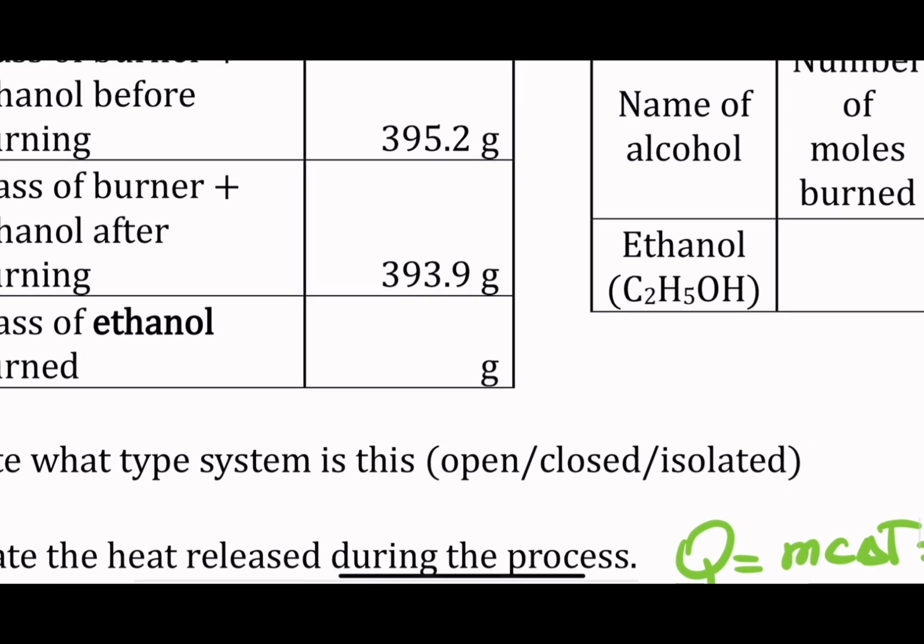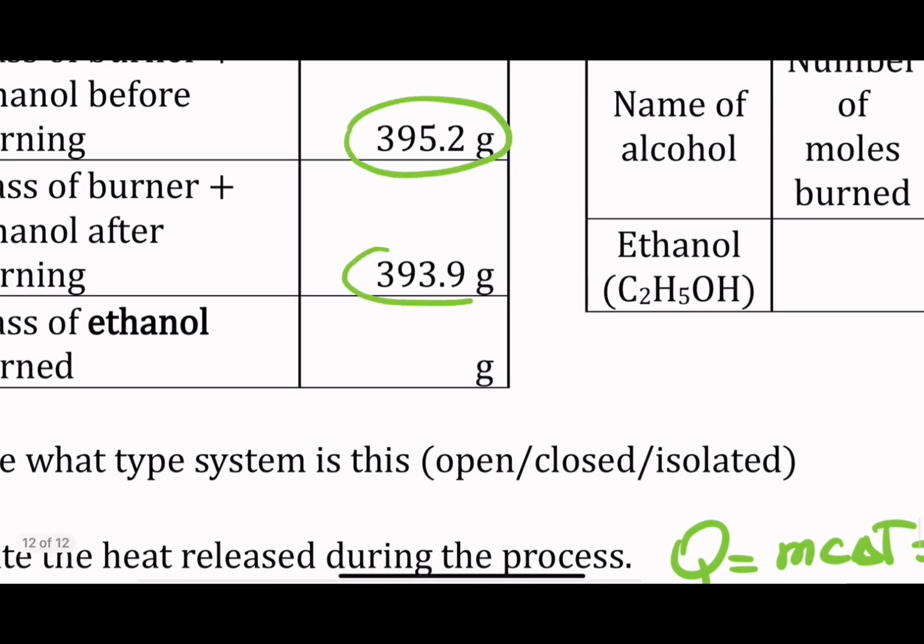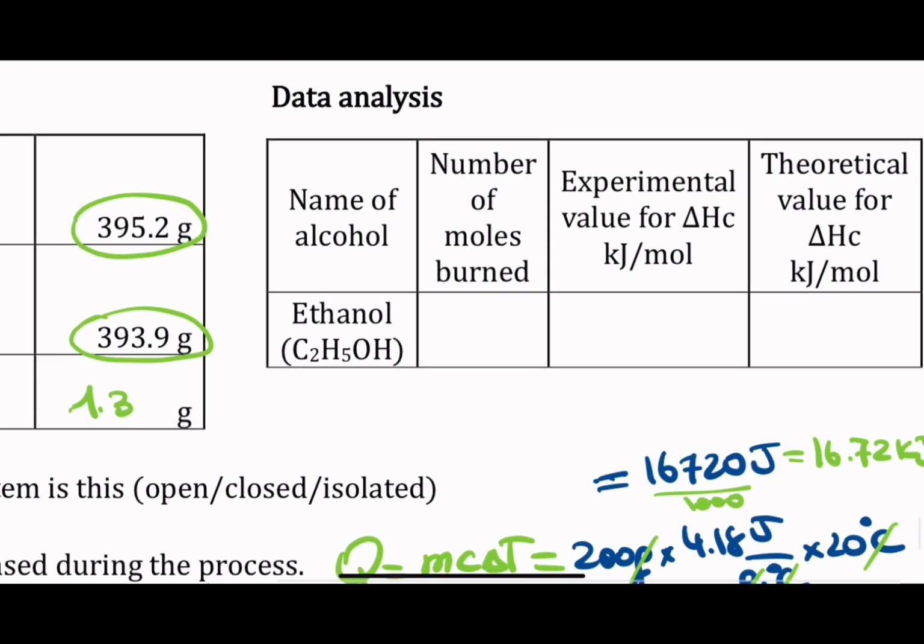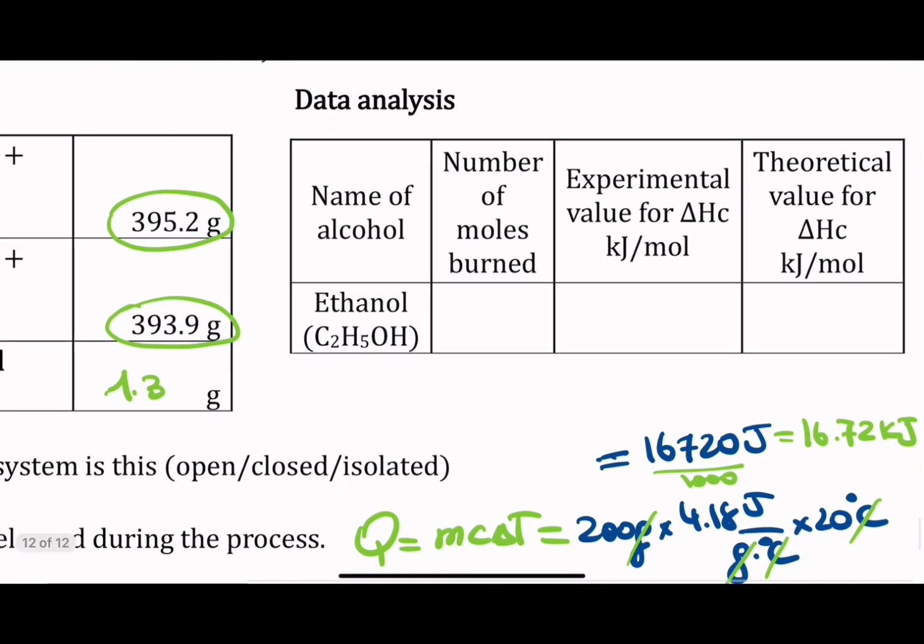Now in this case we have used how much ethanol? Let's figure that out. I have 395.2, and this is how much ethanol was used. If you minus this from each other, you would get 1.3 gram of ethanol was used, right? Now, number of moles of ethanol burned, we can find the molar mass of ethanol.